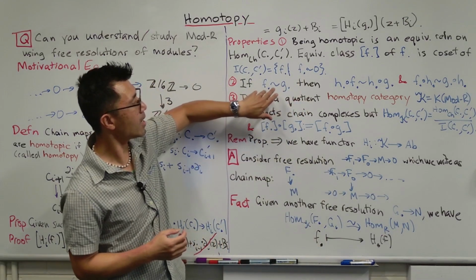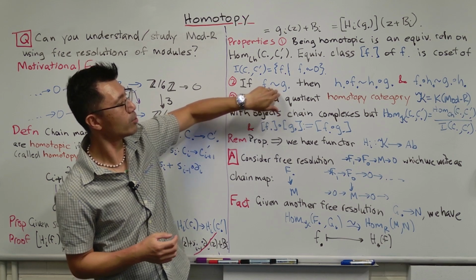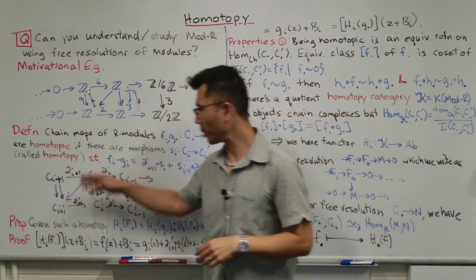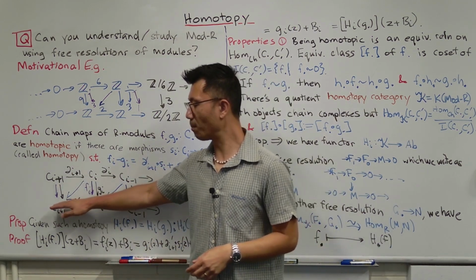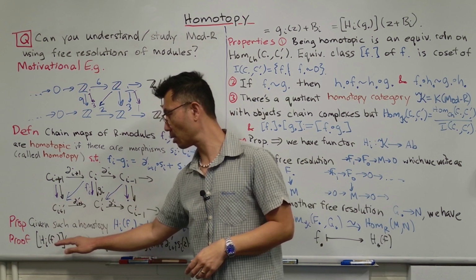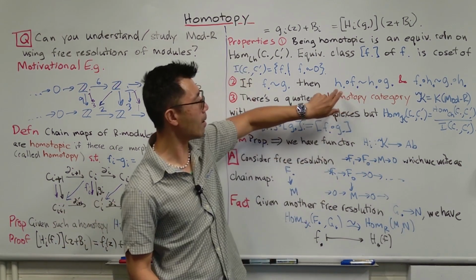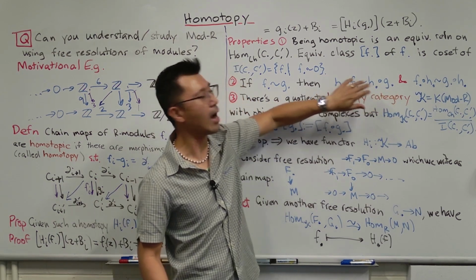The next thing is that this equivalence is rather nice. It respects composition. So if you have homotopic F and G as you have here, you might want to post-compose with another chain map. Suppose you compose with some chain map H dot after the F dot and the G dot, are they still homotopic?